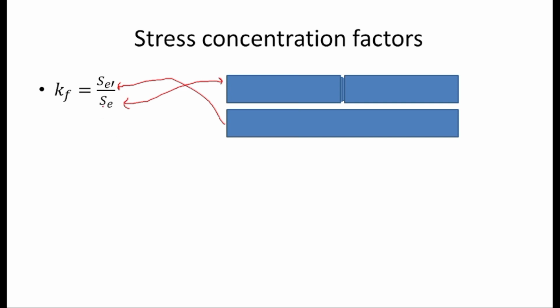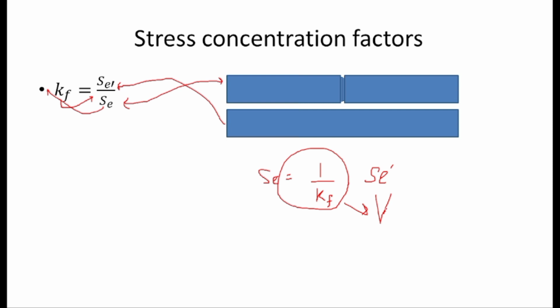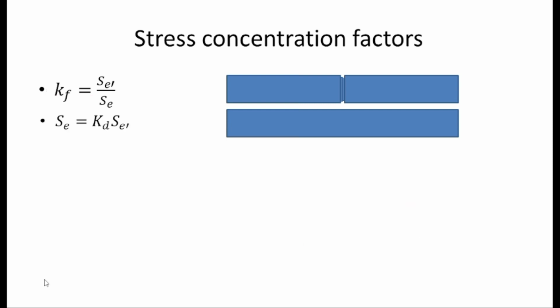Now when you multiply and divide by Kf over here, then SE is equal to 1 over Kf into SE dash. This 1 over Kf can be represented by Kd, so we can write this equation like this as well.